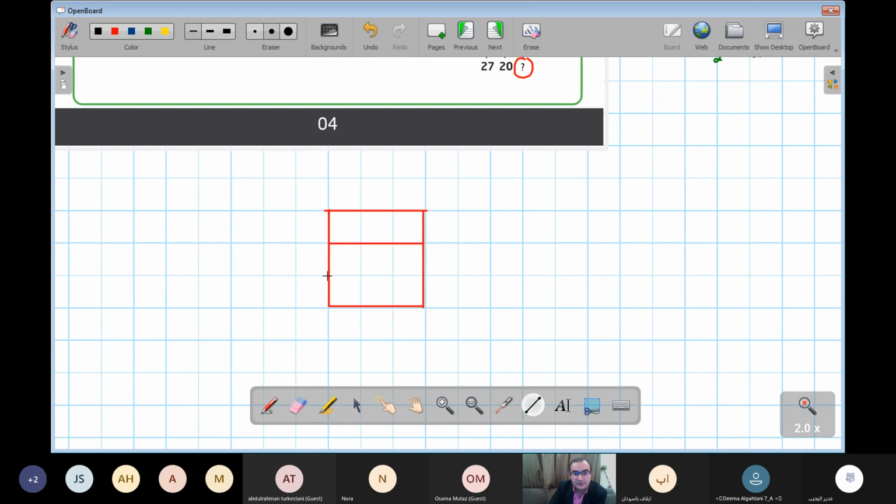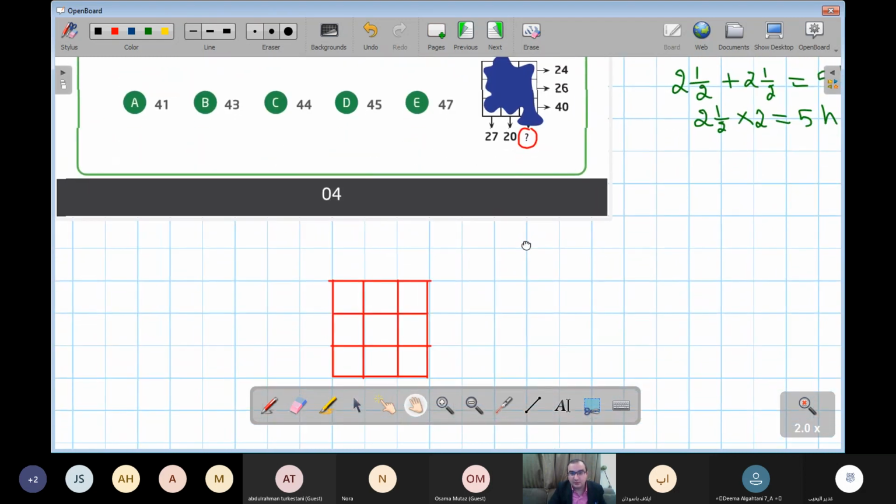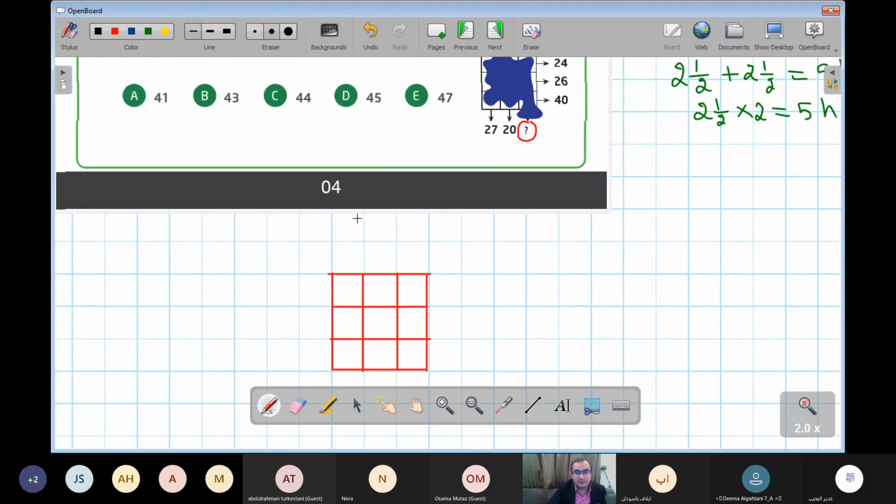This is 1, 2. All we know is the sum of these 3 boxes is 24, this one 26, this one 14 for the vertical boxes. Then here we have 27, then 20, and here we don't know, so let's call it X. Okay?